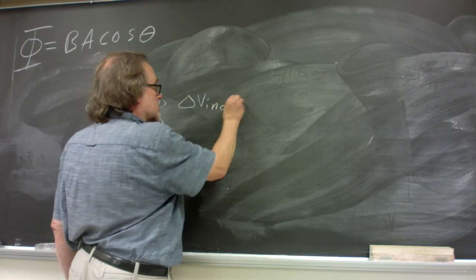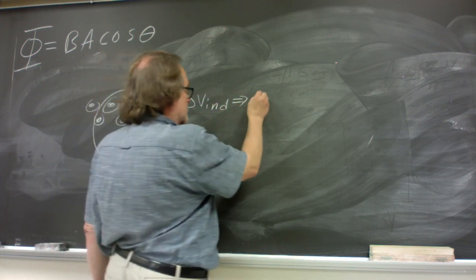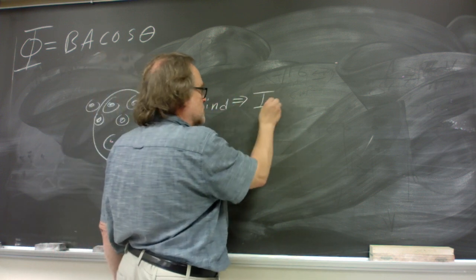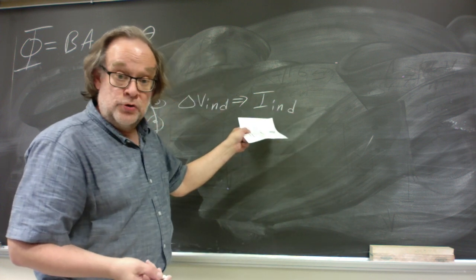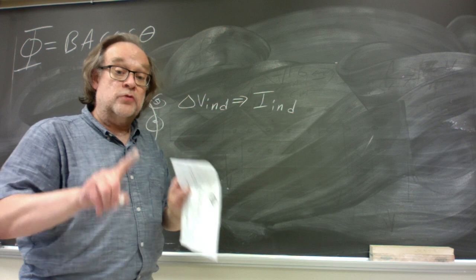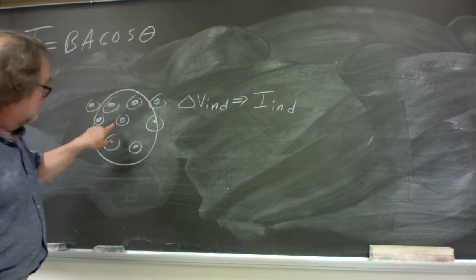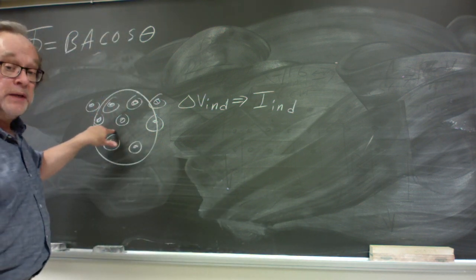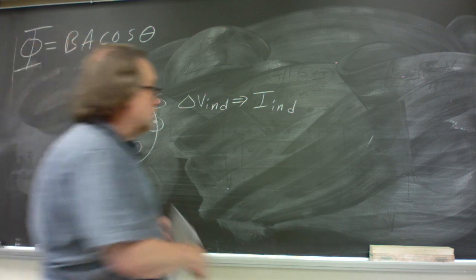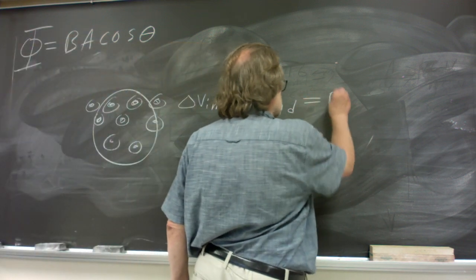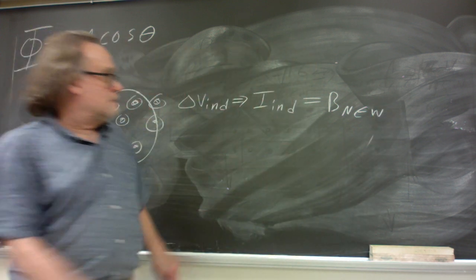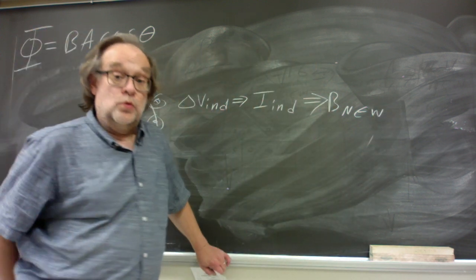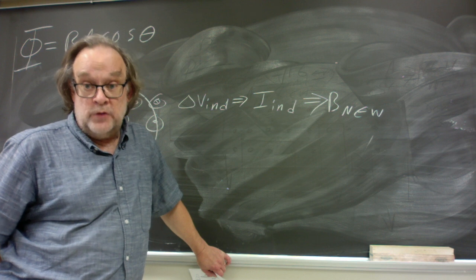that induced potential difference produces a new induced current, and like any current, this produces a magnetic field, a new magnetic field that wasn't there, a new magnetic field above and beyond this one. Now, what direction does that new magnetic field point?